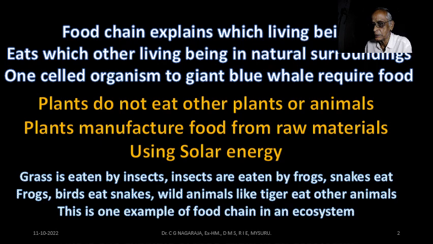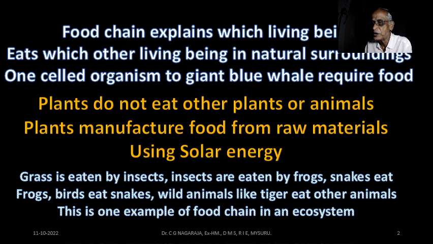Any organism, maybe a one-celled organism or a giant organism like a blue whale, requires food to survive. All animals need to eat food made by other organisms, or they must eat other living organisms.